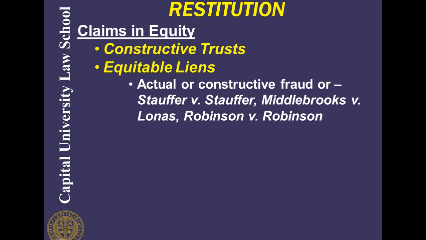You see it where the husband conveyed an interest in the home to his wife through fraud, where he was bullied into doing this. The courts are going to find that there was actual or constructive fraud. Or where the parents of the plaintiff lied about paying back the loan that she had provided them. Again, the courts are going to find an actual or constructive fraud.